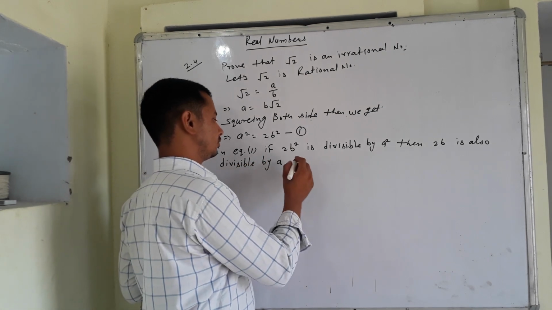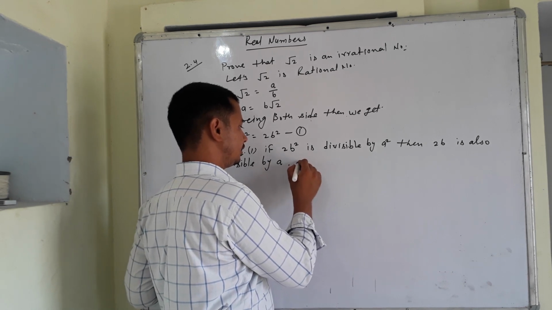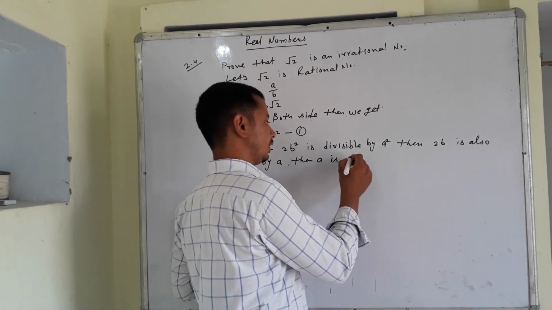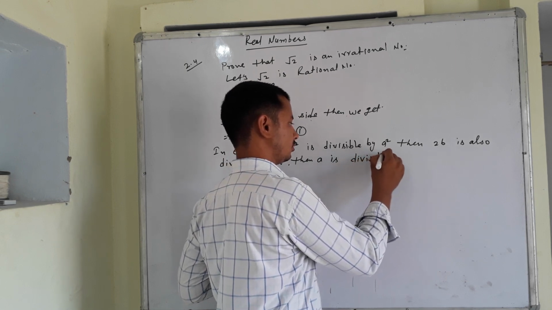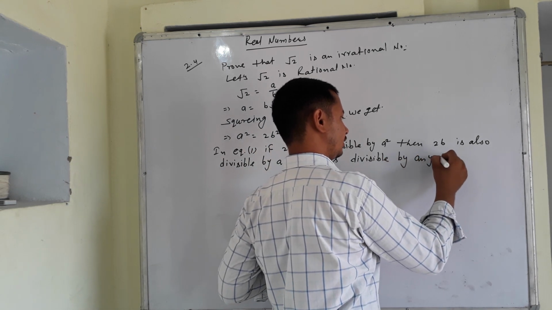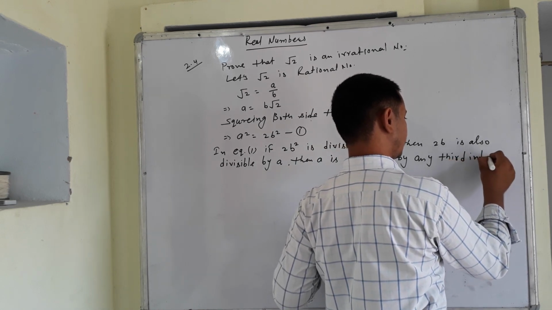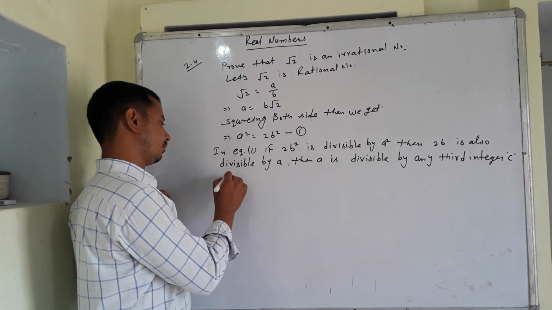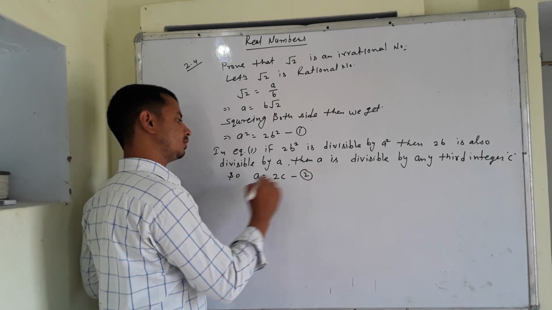Then we can say a is divisible by any third integer c. So a equal 2c. Put this as equation number second.